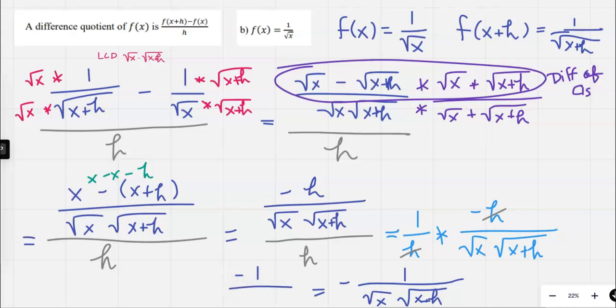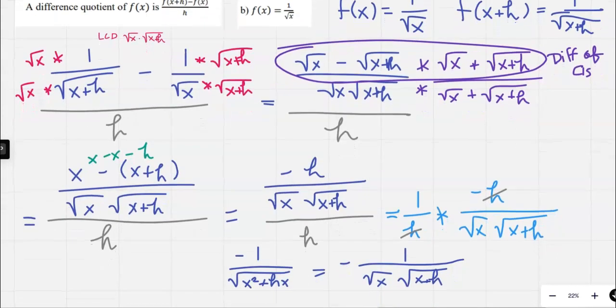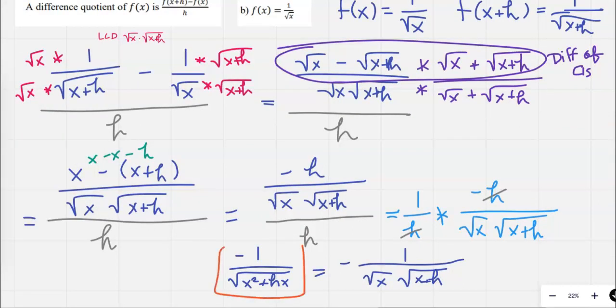You could say that it's negative 1 over the square root of x squared plus hx. Not necessarily my favorite. I mean, it gets the job done. It is true. We're not lying. That is a true statement, okay? Nevertheless, whichever one you choose, this would be the difference quotient for this particular function.